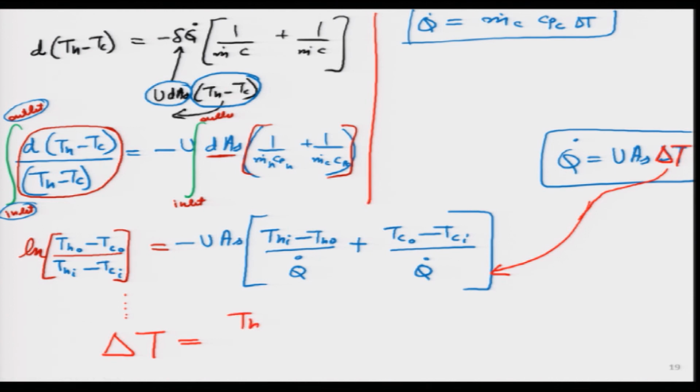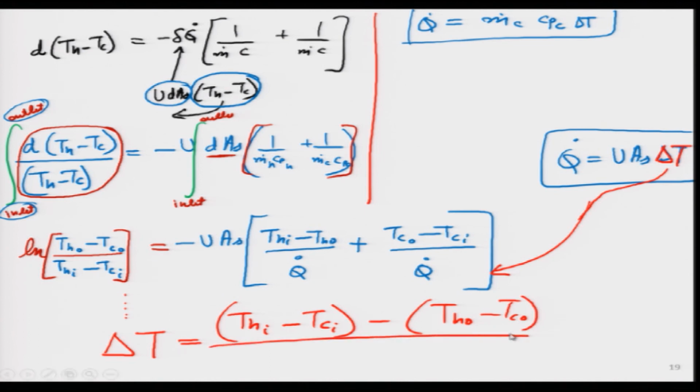So, delta T will turn out to be (Thi minus Tco) minus (Tho minus Tci) divided by log of this whole thing divided by itself. I will write it in a different color, log of (Thi minus Tco) over (Tho minus Tci). Do not worry, it is looking complicated, but in 1 minute it will turn out to be a very simple equation, and it becomes like this. This is the final expression that we are getting.